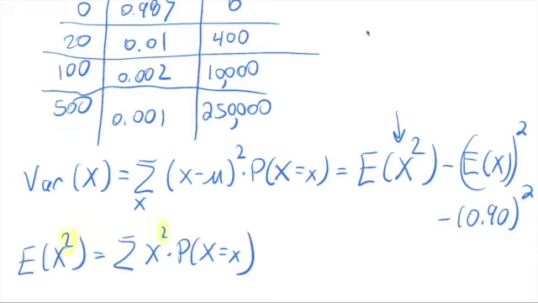So rather than just an x, we would take the value of x squared times the probability that x would occur.